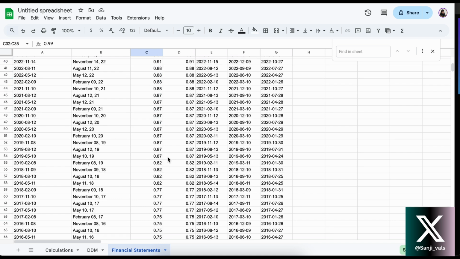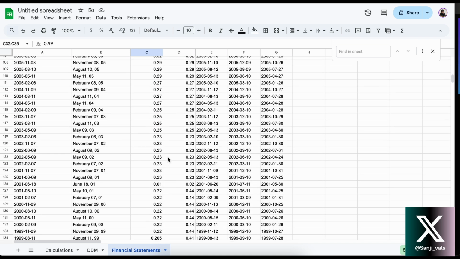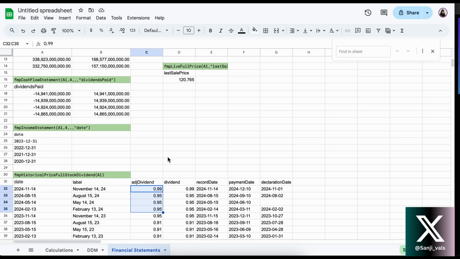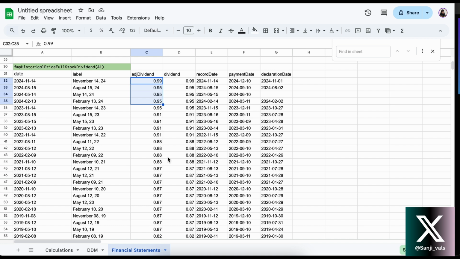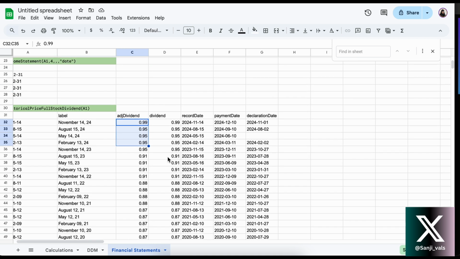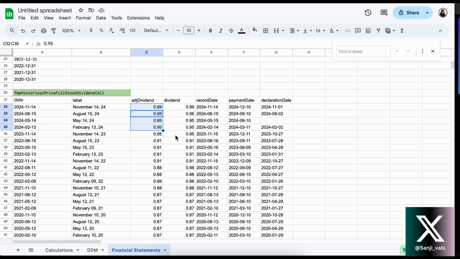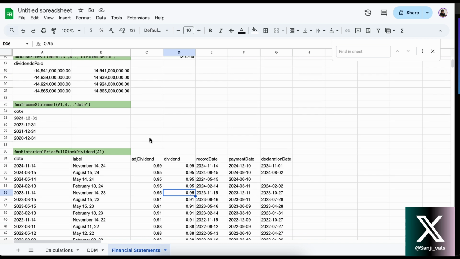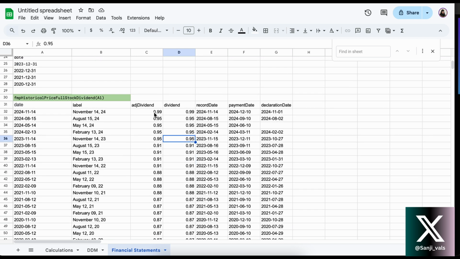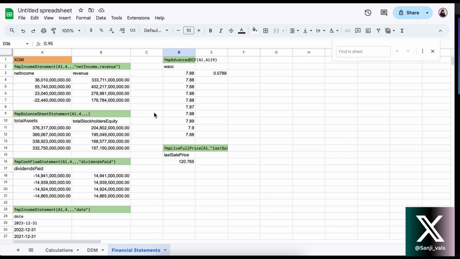That's why I downloaded all those dividends to make sure the company has been paying them for a long time, not only the last 3 or 4 months, and also to see that they are stable and rising. That's why we've chosen this company. And you should also use the DDM model if you see this trend of rising and stable dividends. That's very important. Then we need the WACC.